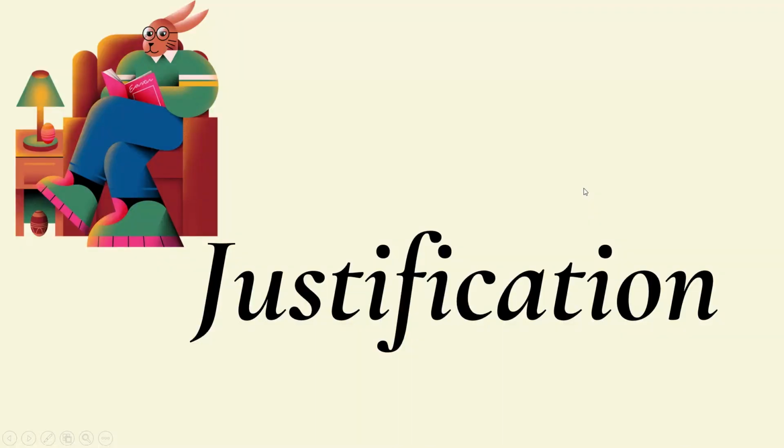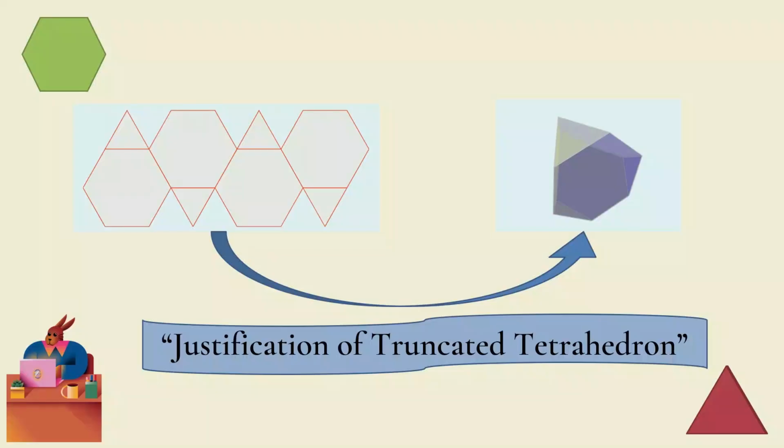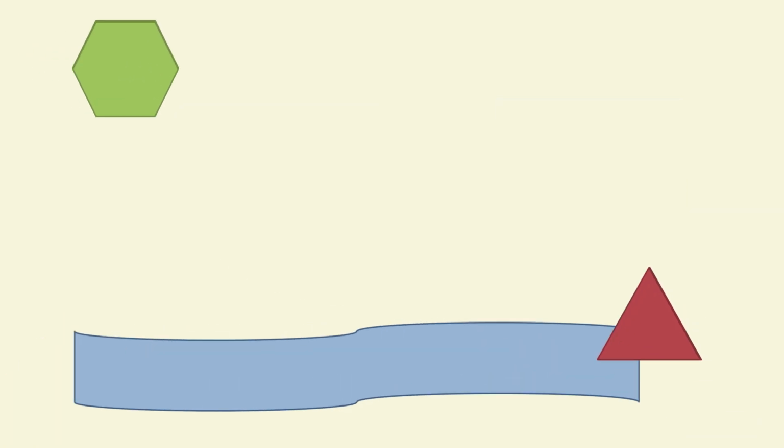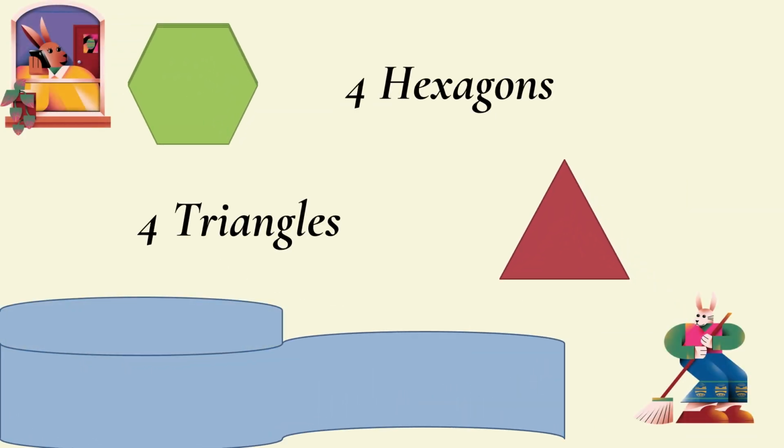Okay, in this section, I will justify the geometric properties of the truncated tetrahedron using its net. The net allows us to clearly visualize how a two-dimensional layout forms a three-dimensional solid. Let me explain these basic properties.